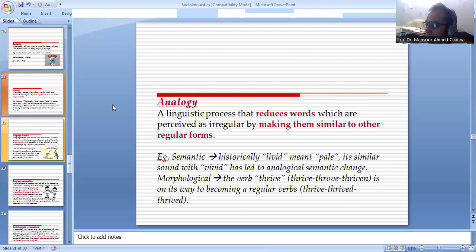Morphological: the verb thrive, thriving, is on its way to becoming a regular verb, thrive into past thrived, when we turn into third form thrived.